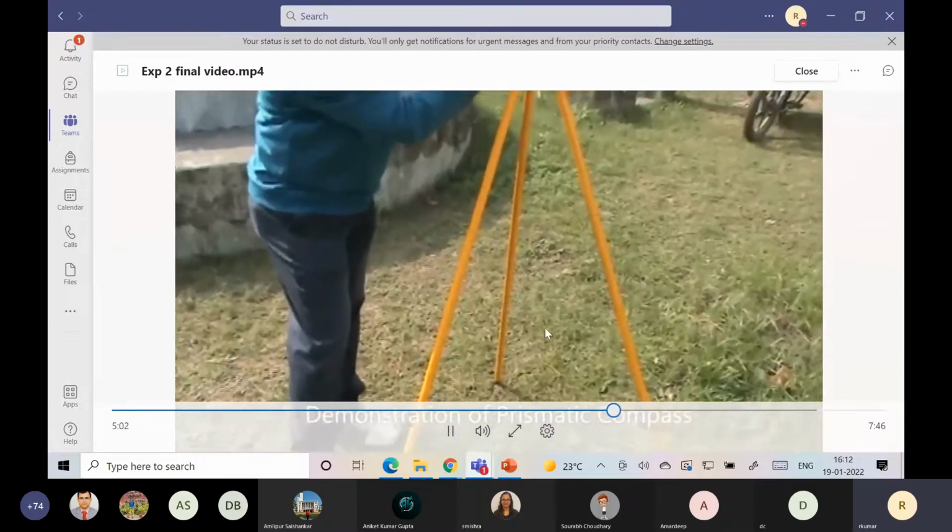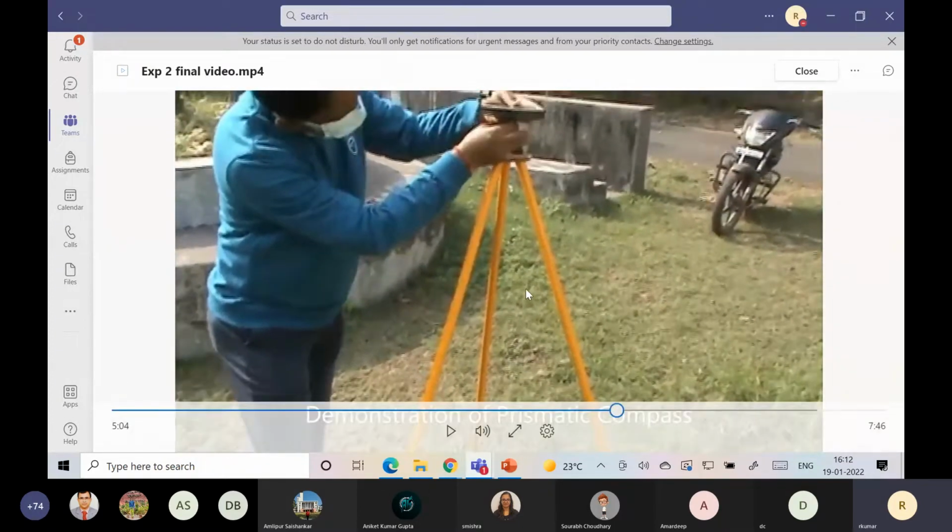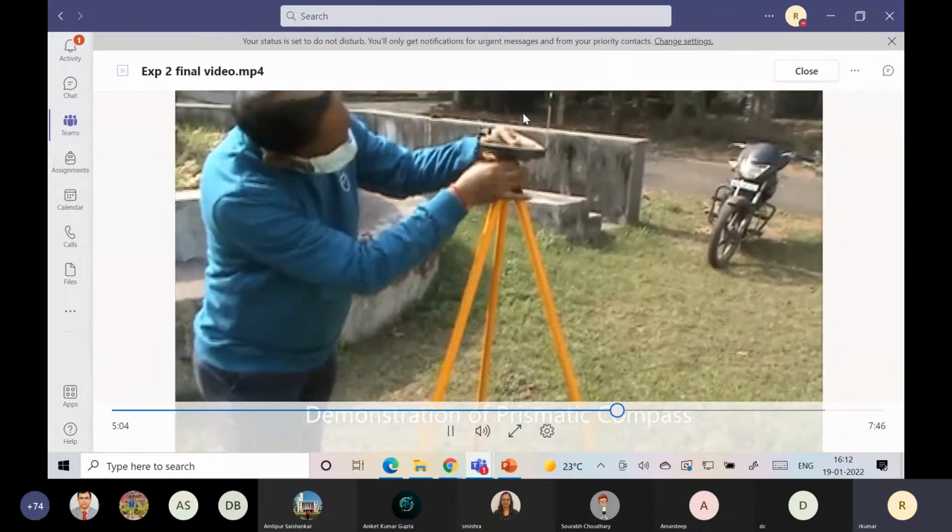So now we will demonstrate the prismatic compass. See, this is our tripod and we are fixing the prismatic compass on the tripod.